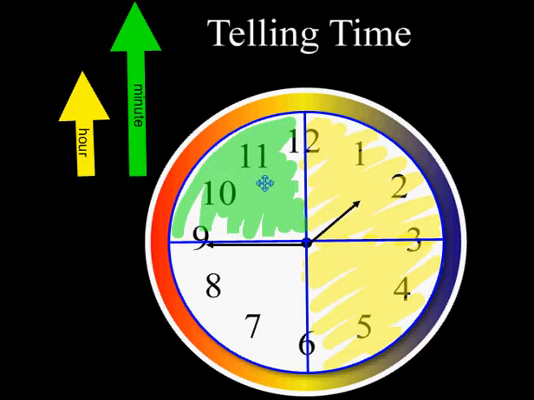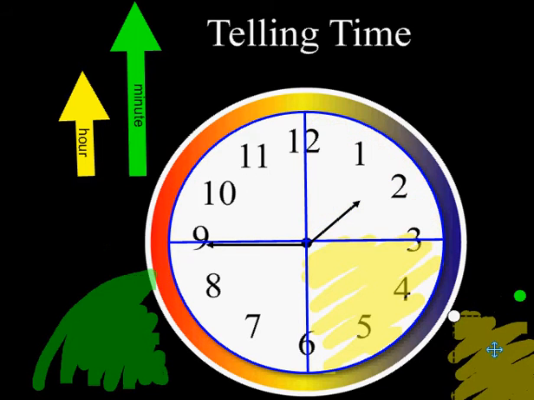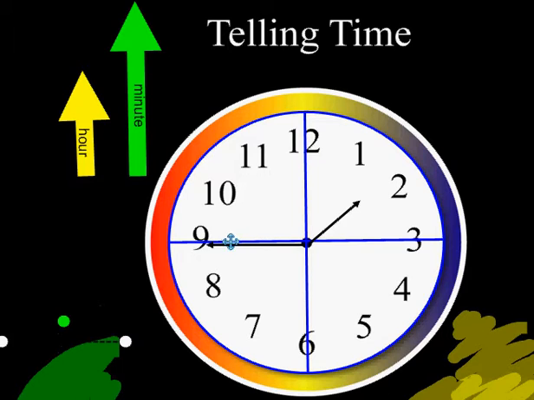Let's review one more time. Okay, so let's start at 2 o'clock. At 2 o'clock, the minute hand is on the 12, the hour hand is on the 2.